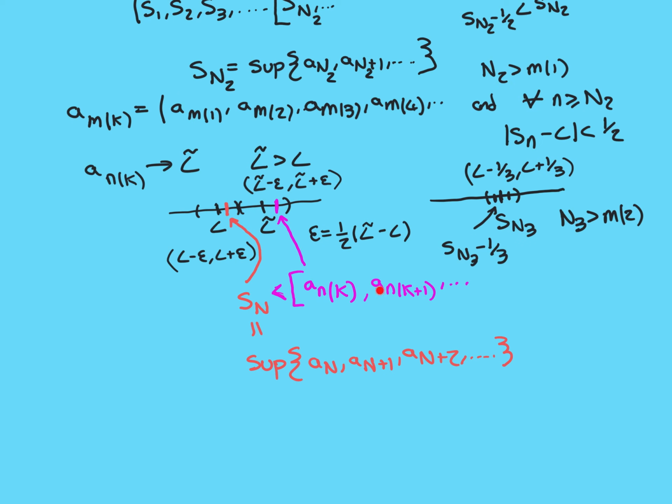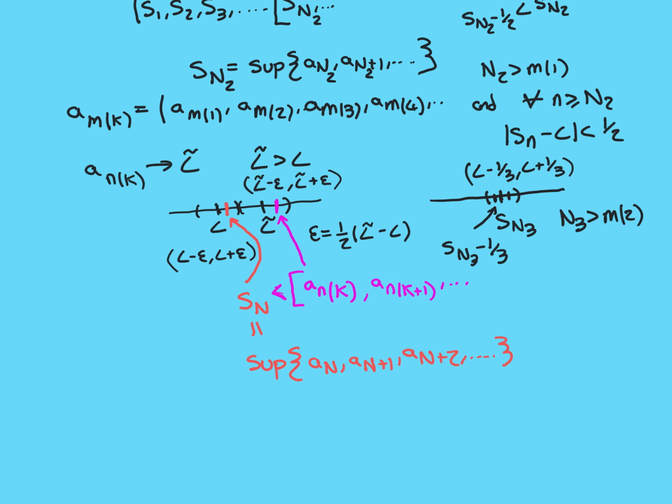So why is it the case that things in the tail end of this subsequence have to be inside here? Well, it's because this goes on forever, and therefore eventually the terms from the original sequence that you've got in this tail end of this subsequence must be inside here. After all, this set contains every element of the sequence apart from the first finitely many, n-1, terms.